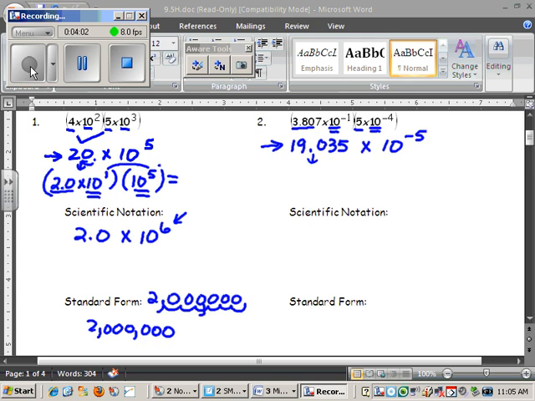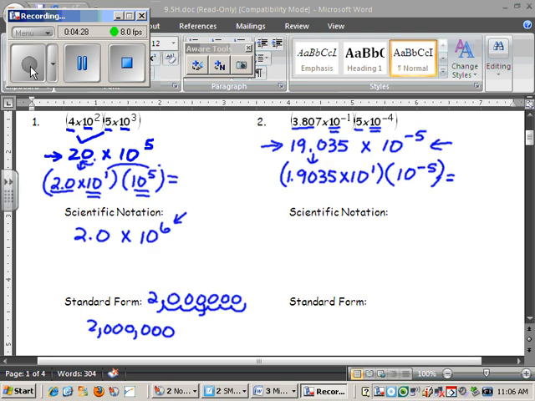So we're going to begin by simply writing the 19.035 in scientific notation. So this would be 1.9035 times 10 to the 1st. We would then multiply that by the 10 that's already there.